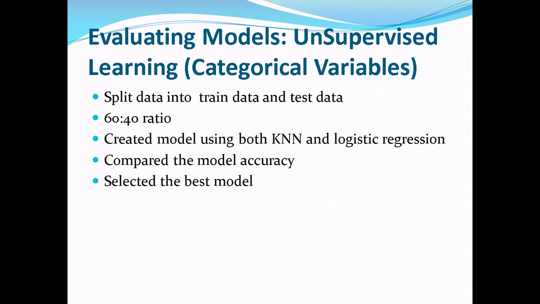We decided the ratio to be 60 to 40. And then we created models using both KNN and logistic regression. Then we compared the model accuracy and decided which is the best model. So in upcoming slides we will look into these features.